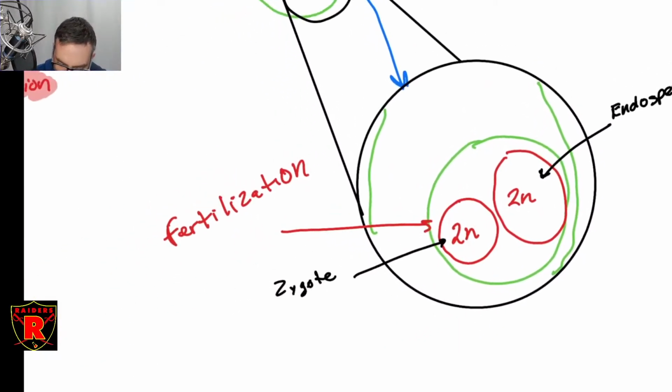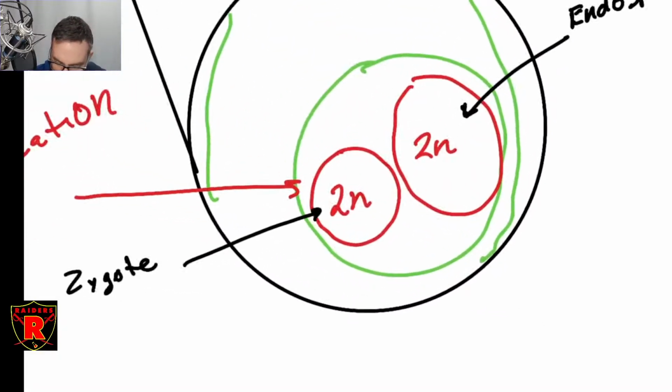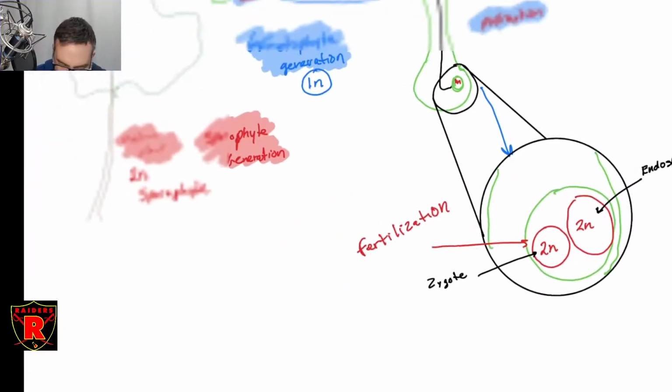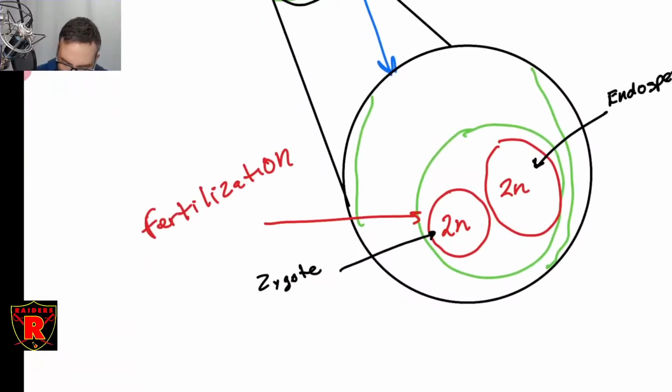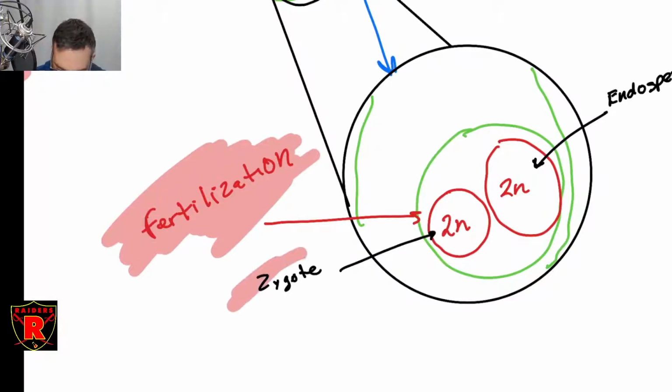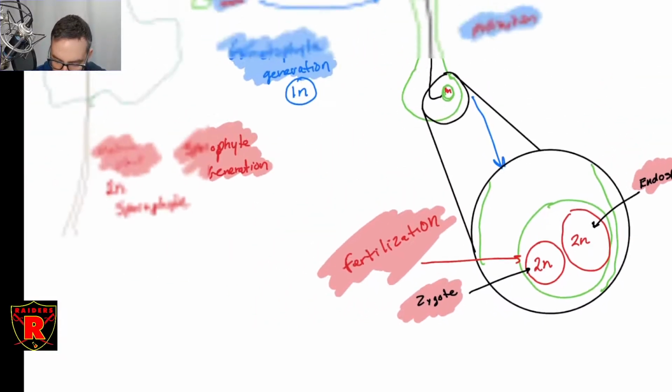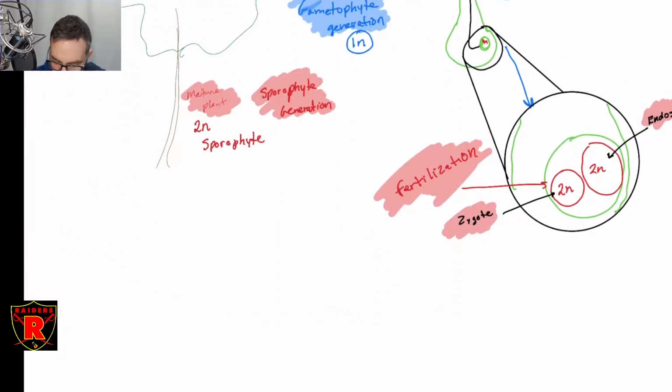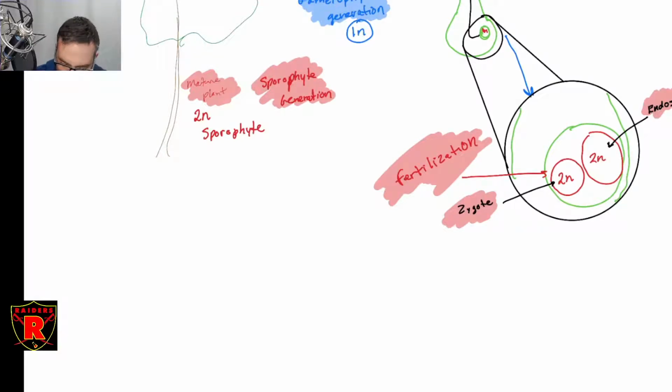Okay, so we've had this occur, and because we're now talking about a 2N organism, we're not a gametophyte anymore. Now we're a sporophyte. So I'm going to switch over to red highlighter here, because this is a zygote and an endosperm. These are both diploid. So this is now part of the Sporophyte generation. This is going to form a seed.